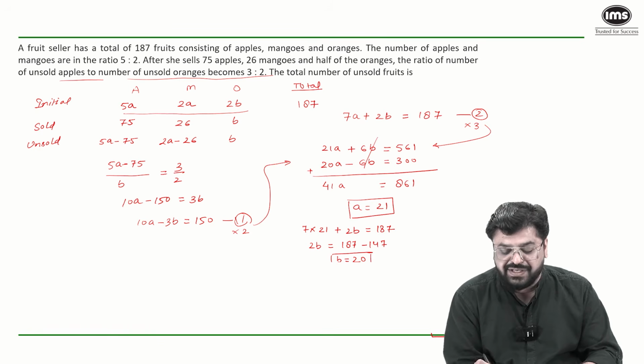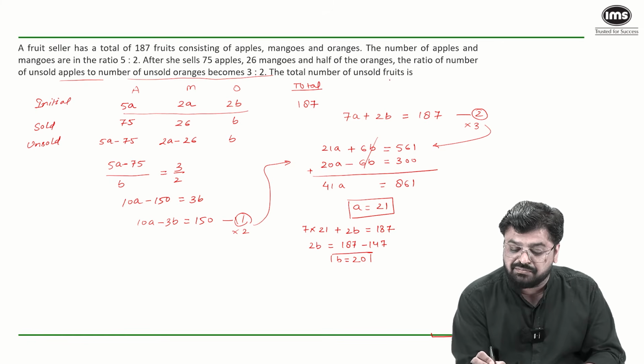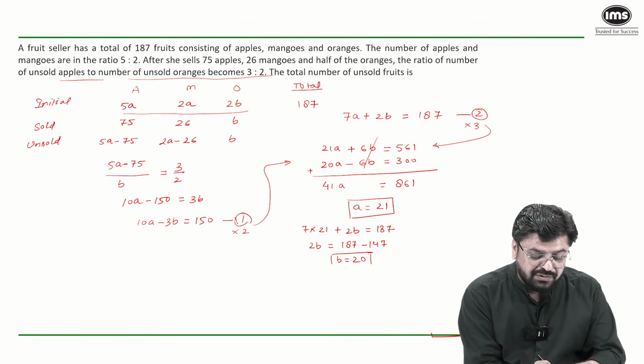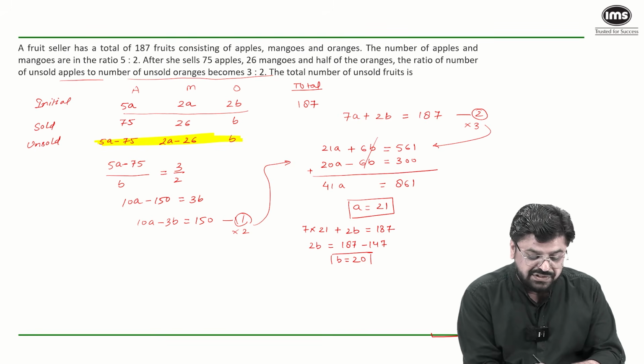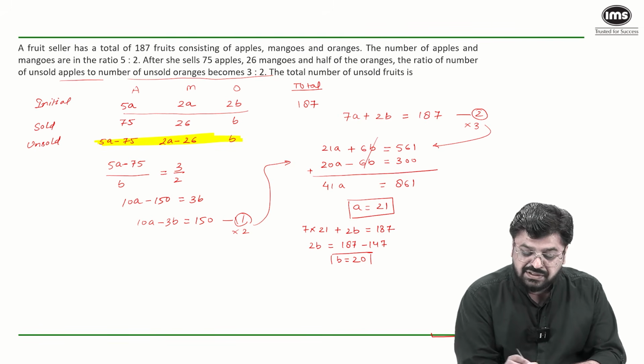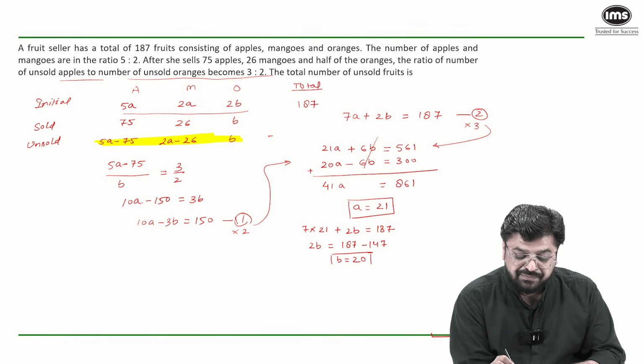Now we have the value of A and B, and the question is asking for the total number of unsold fruit. The total number of unsold fruit is 5A plus 2A, 7A, plus B minus 101.